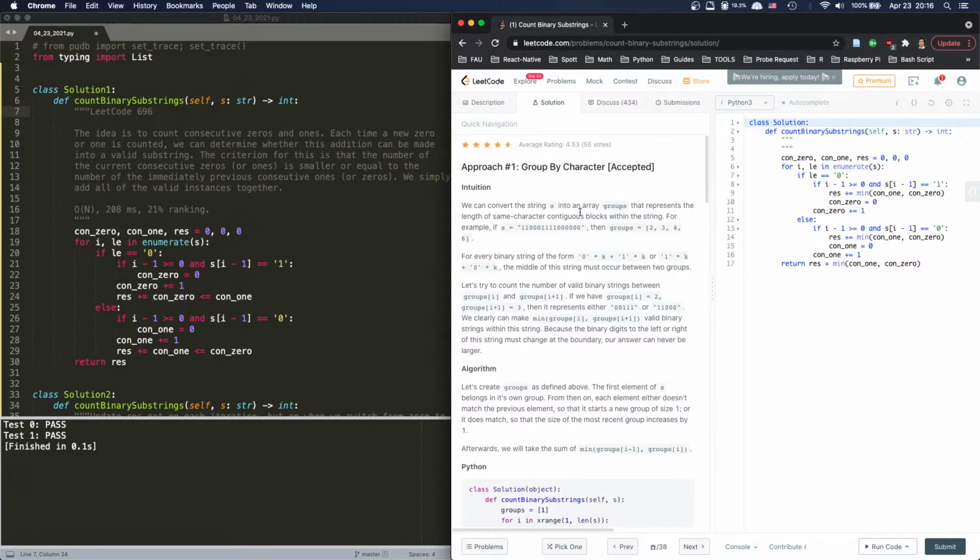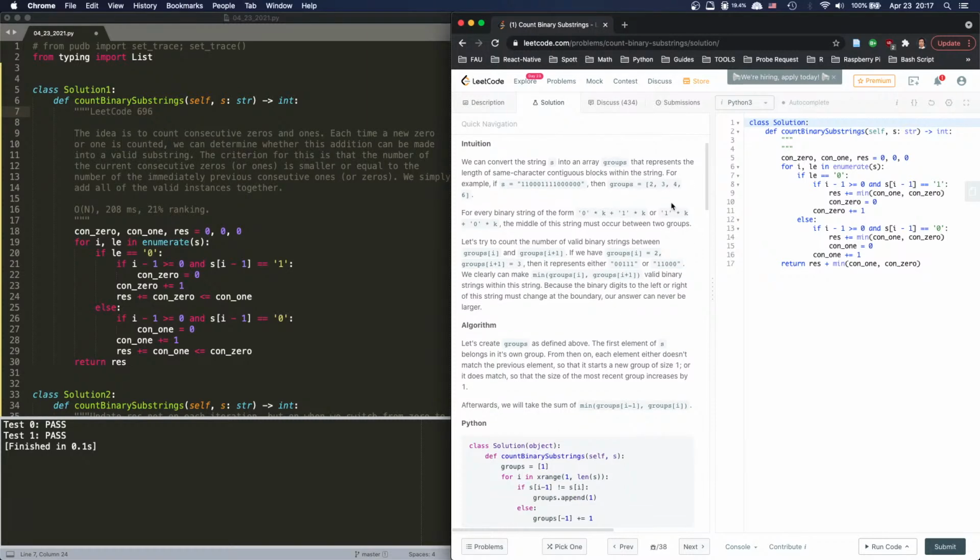Convert the string S to an array groups that represents the length of same characters. Then we just take the smallest of adjacent groups and add them, like 2 plus 3 plus 4, right? So that's the idea of this.